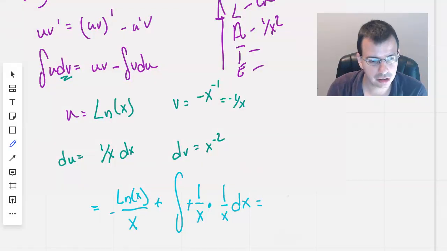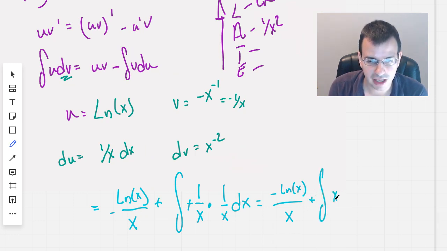So then we're going to have negative natural log of x over x. There's probably an absolute value sign on that. Plus the integral of x to the negative 2 dx.